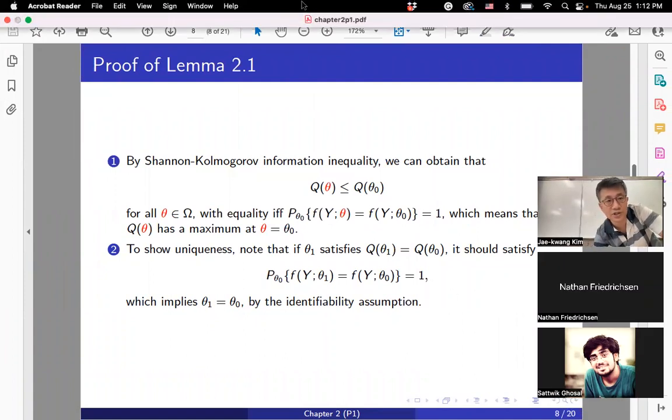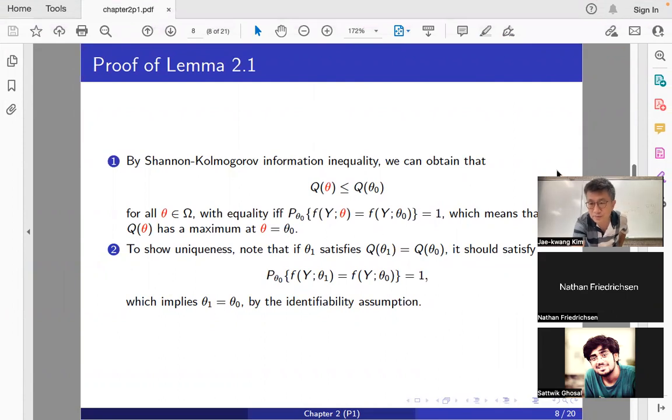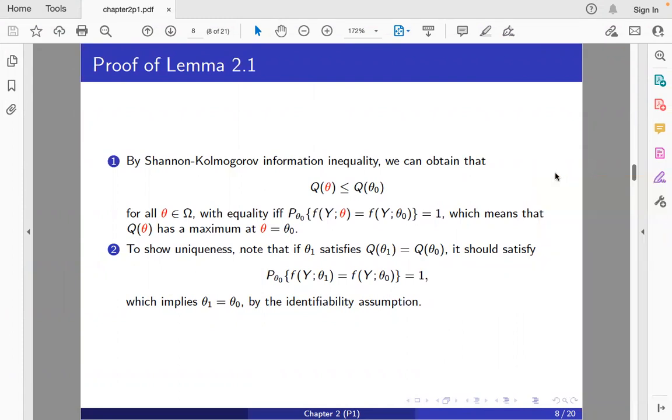If you have a question, you can unmute yourself and ask, okay? And now to show uniqueness, the Jensen inequality is an if and only if.